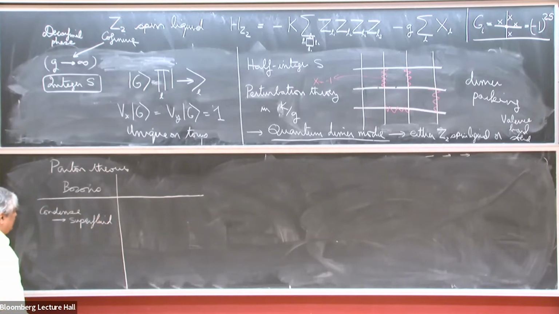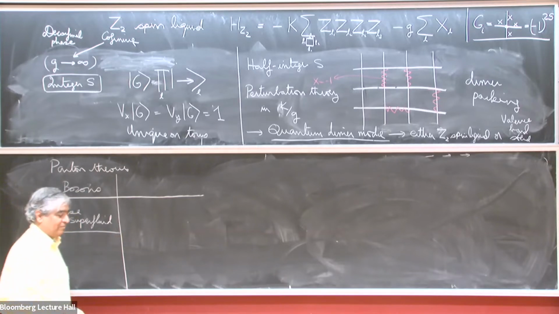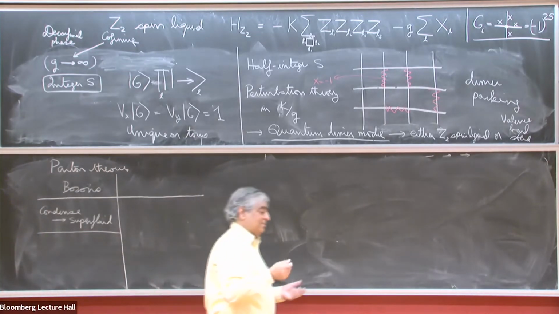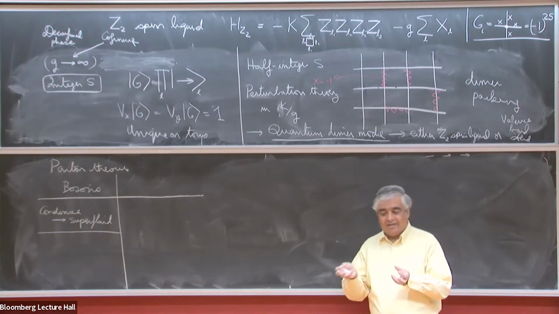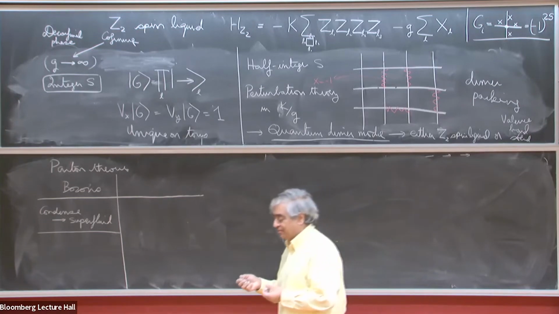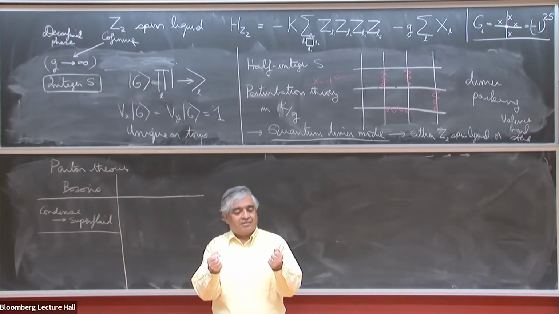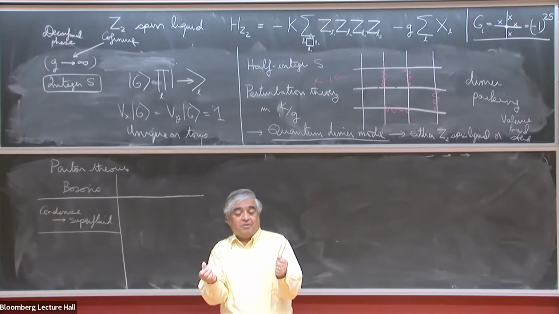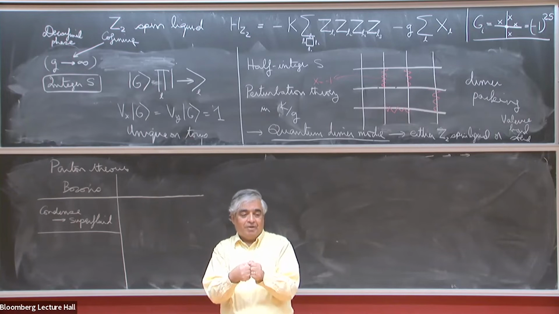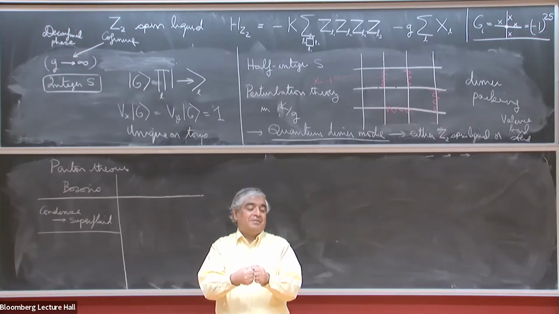Another thing you can have bosons do, if the interaction is just right, is this: suppose there are two bosons and there's a strong attractive interaction between them. It could be that the bosons would pair and form a molecule, and then the molecule, which is a boson, would condense.